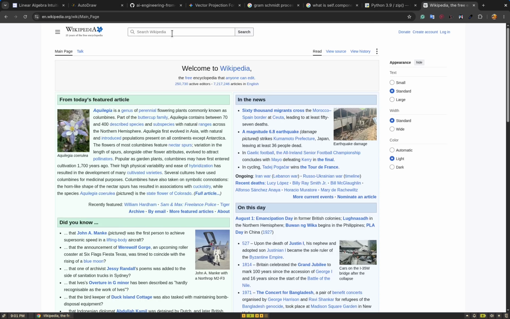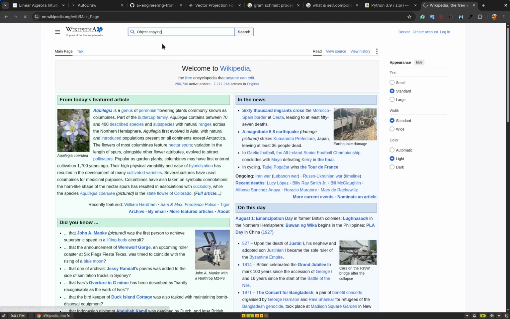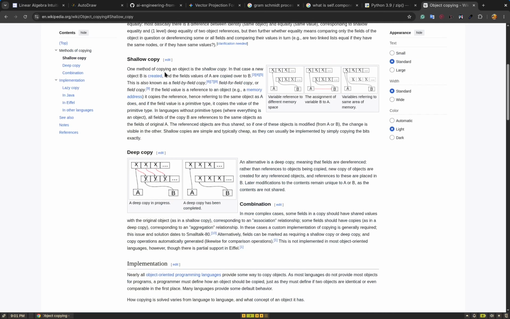Shallow copy, in English. Object copy: one method is copying, in that a new object B is created and the field values of A are copied to B. This is known as field-by-field copy. If the field value is a reference to an object, it copies the reference, hence referring to the same object. If the field value is a primitive type, it copies the value of the primitive type.